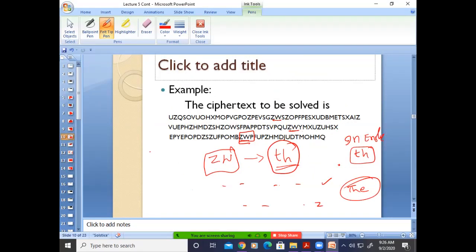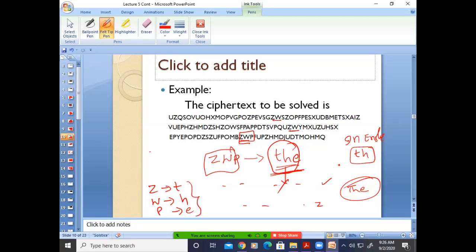This is ZWP. If I replace here, we will get a word. Yes or no? ZWP means THE. So Z is T, W will be H, and P will be E. This will be in the plain text.